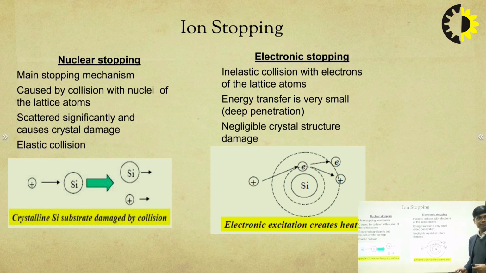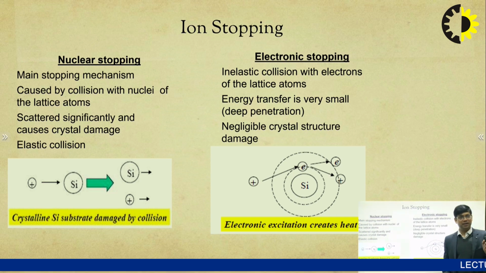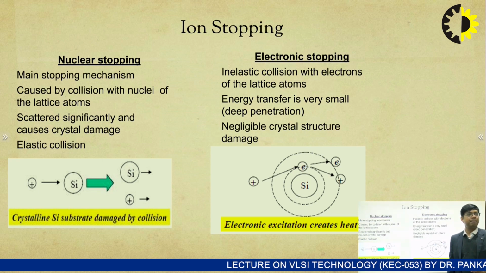So if the electronic stopping mechanism is occurring, deep penetration of the dopant ions happens. So nuclear stopping and electronic stopping are the two stopping mechanisms in ion implantation.